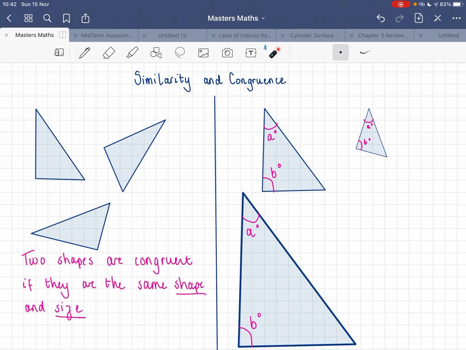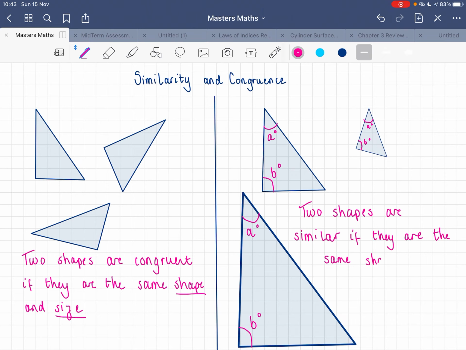And what proves that they are the same shape is that the angles on the inside are the same. Okay, so 2 shapes are similar if they are the same shape, not necessarily the same size, and we can tell that by the angles being the same.